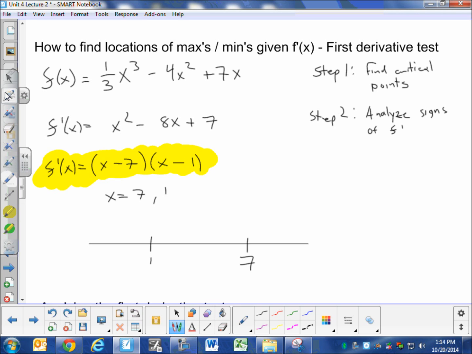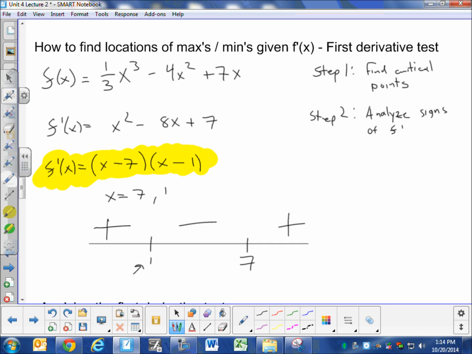Plug in something like 9, positive, positive. Plug in something like 3, negative times a positive. Plug in something like 0, a negative times a negative.